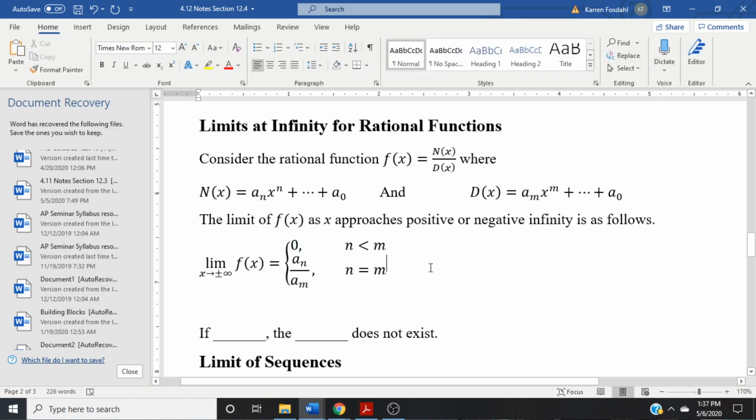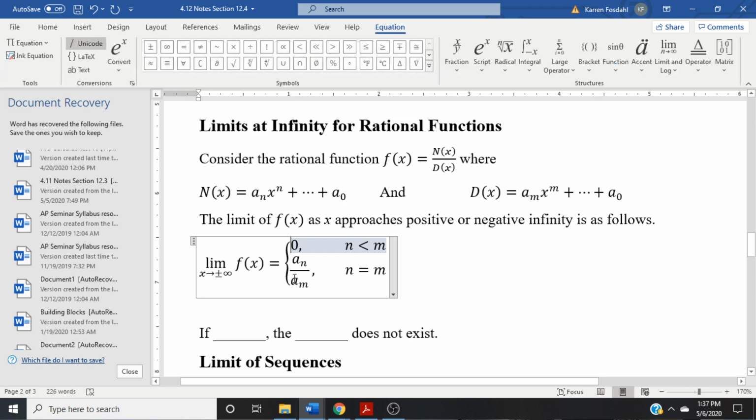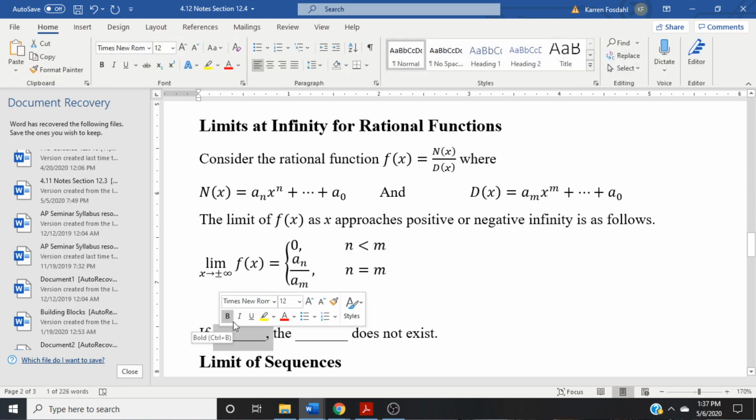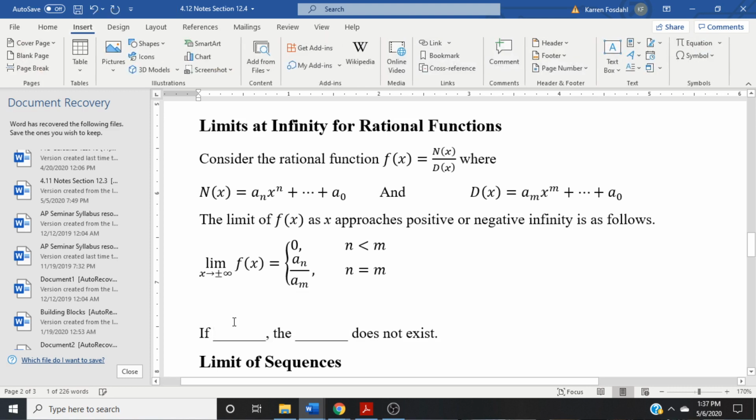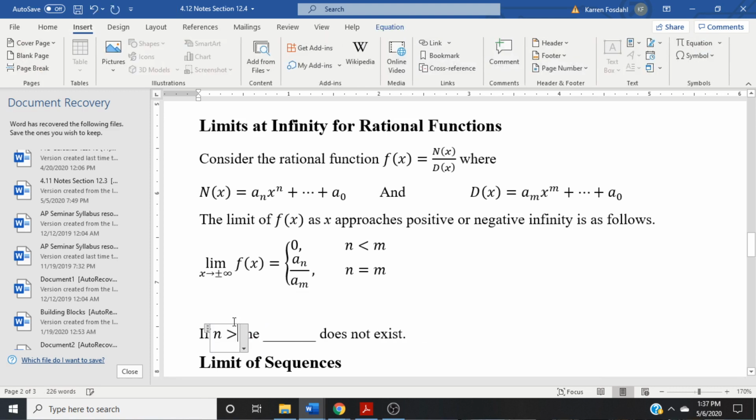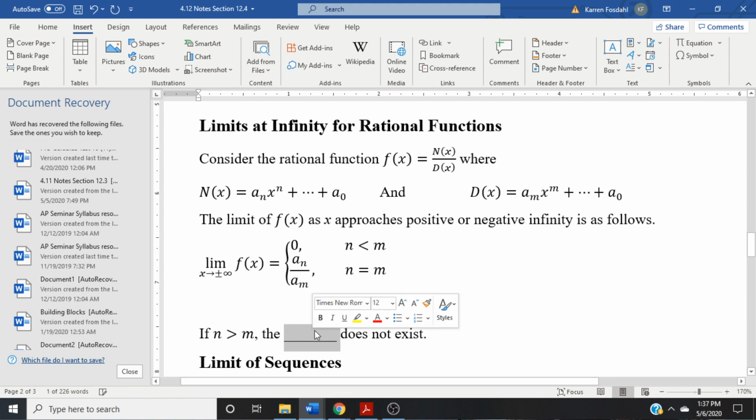If the numerator has a smaller power than the denominator, it tends to 0. If the numerator equals the denominator in power, then you take the coefficients of the greatest power. If the numerator power n is greater than m, the limit does not exist.